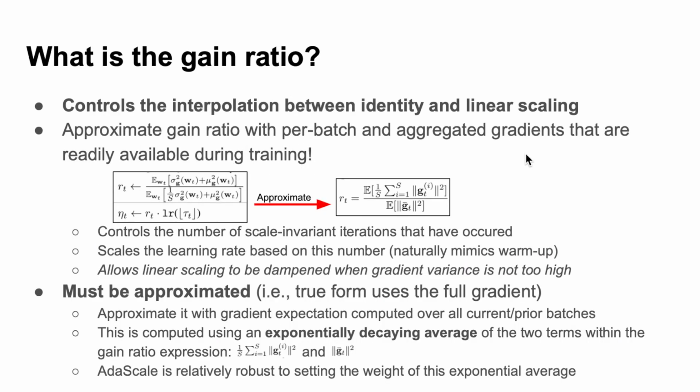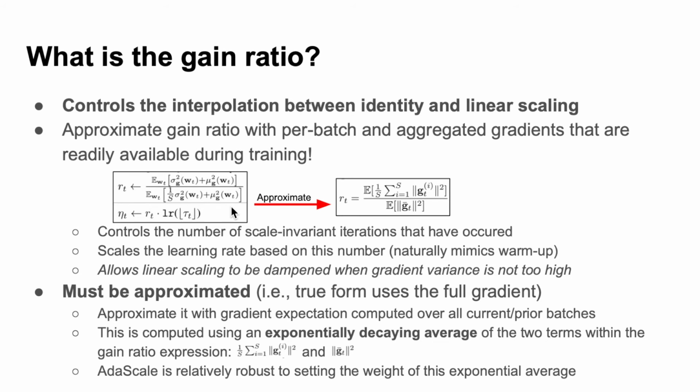In order to understand AdaScaleSGD, it's important to understand the gain ratio, because it's what allows us to interpolate between identity and linear scaling, and in turn what allows the algorithm to work. So when it's proposed in the paper, the gain ratio is given this expression right here, which is a theoretical expression. And this expression is really nice because it allows us to control the number of scale invariant iterations that have occurred.